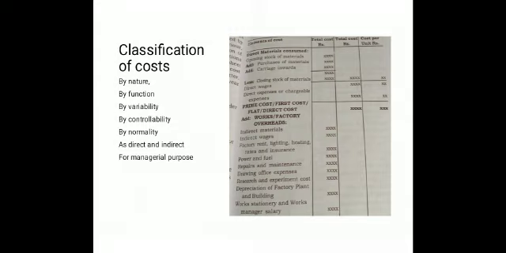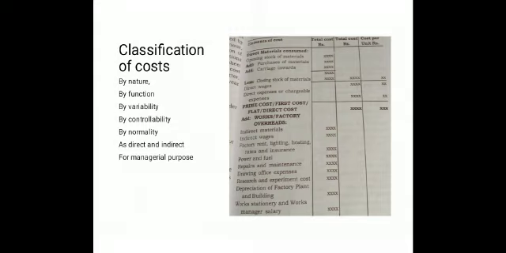Again, under indirect expenses, we further classify into manufacturing expenses, office expenses, selling expenses, distribution expenses, like that. So these are the various expenses. It is very important for the purpose of calculation, that means we are going to use them in the cost sheet.